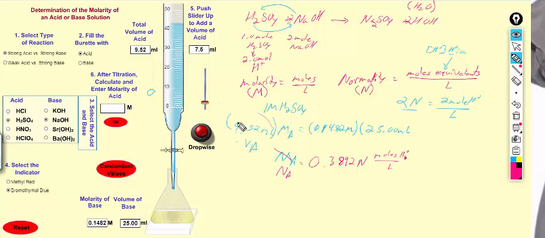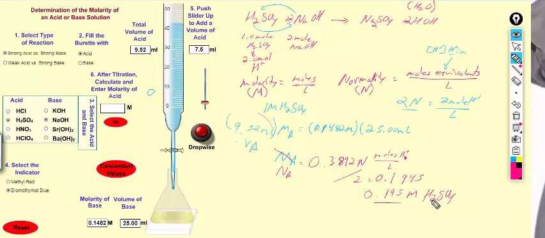So when they're asking for the molarity here now, I'm going to have to divide by 2. So divide by 2, what do I get? 0.19445. So I'll round off to 0.195 molar. And this is molar sulfuric acid, H2SO4.